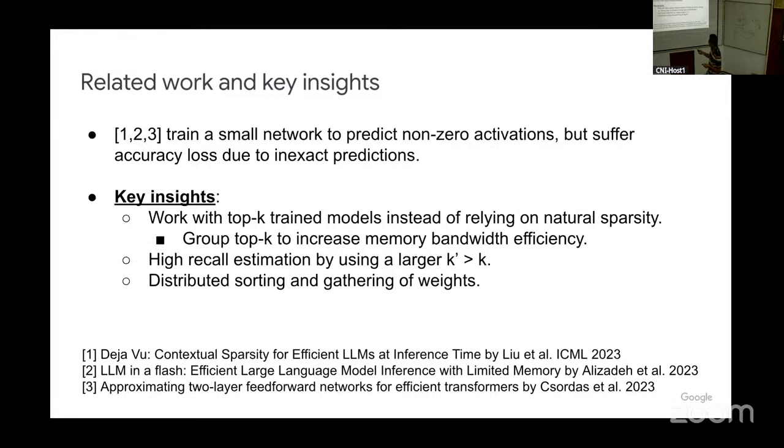Right. So the point I want to highlight here is that working with group top k seems necessary to make this efficient, because that's the thing that hardware can work efficiently with. And the second insight, this is input dependent, right? So sorry.